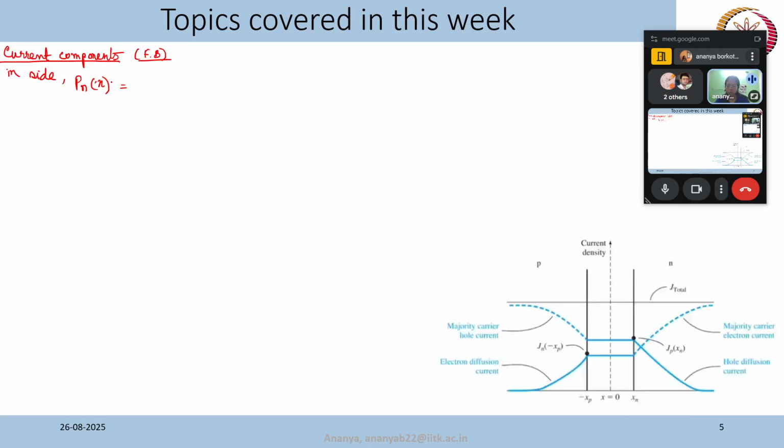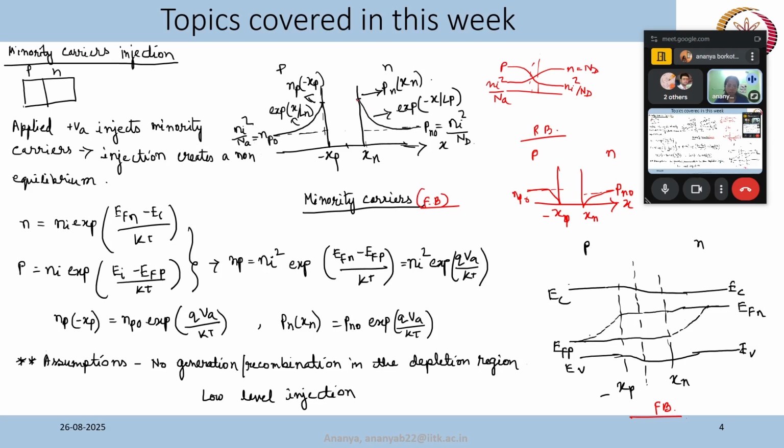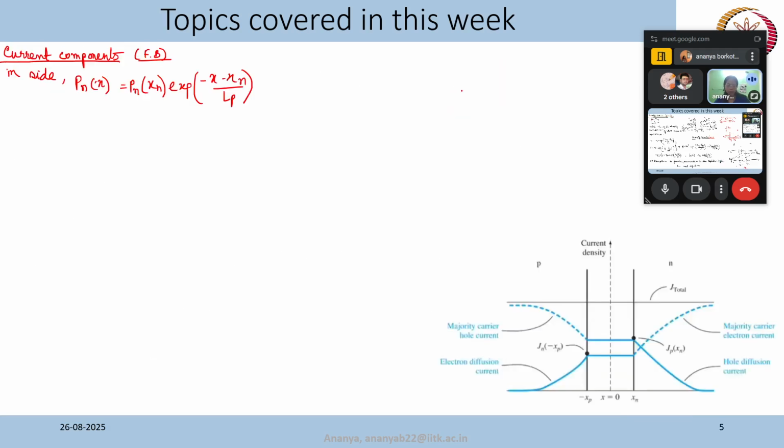So let me write the carrier concentration. This will be Pn at xn, and this value decays exponentially, exp of minus x by Lp. I mentioned that it decreases exponentially with the order Lp. This is the exact equation.